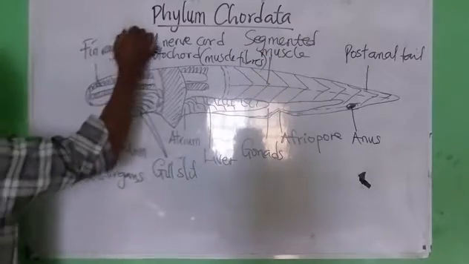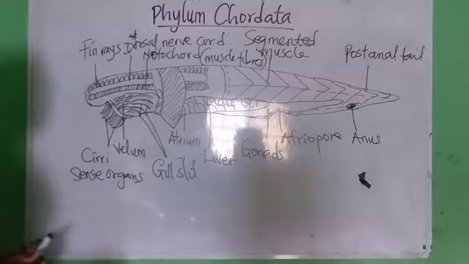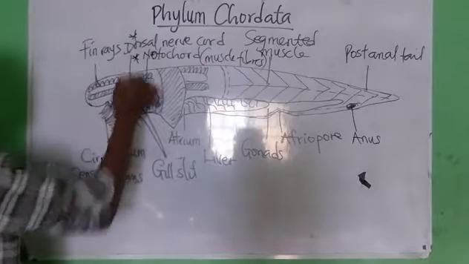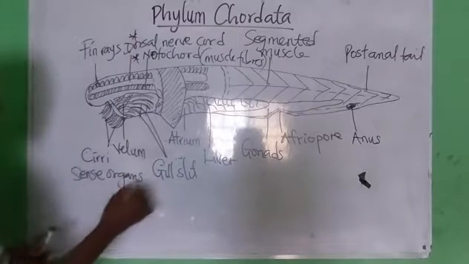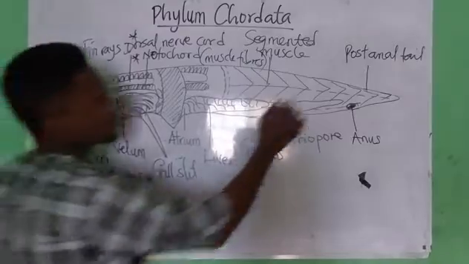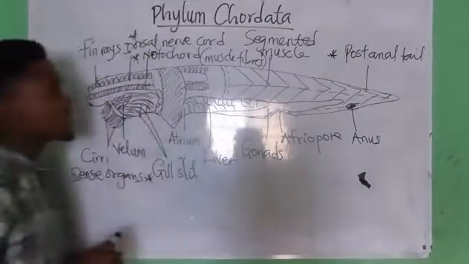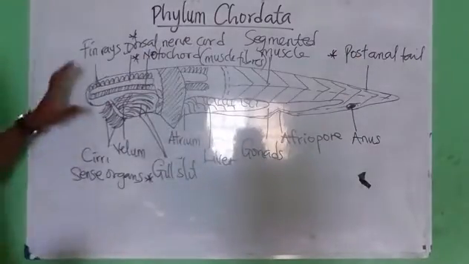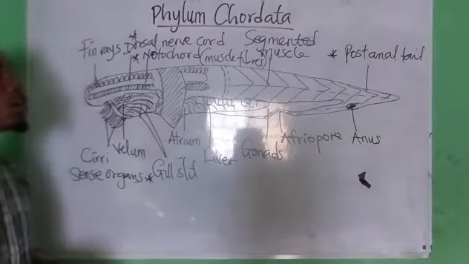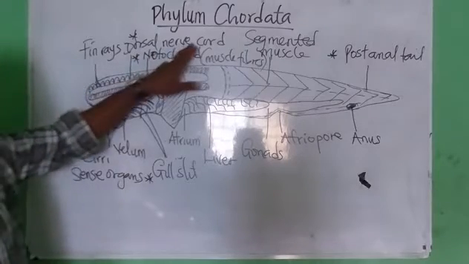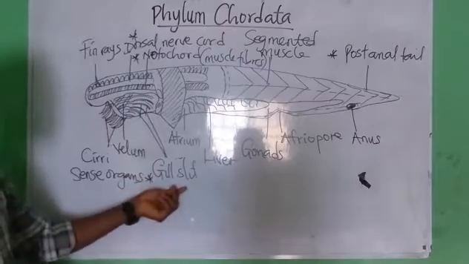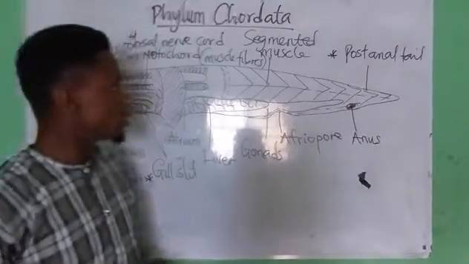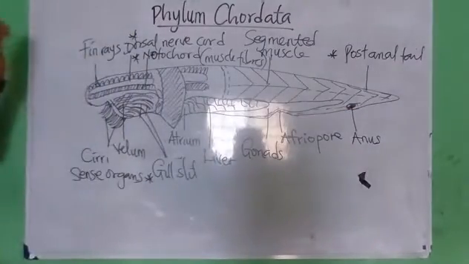The first one here is the dorsal nerve cord, and we have the notochord, the gill slits and the post-anal tail. So these are the characteristics of a typical chordate: dorsal nerve cord, gill slits, post-anal tail, and the notochord.